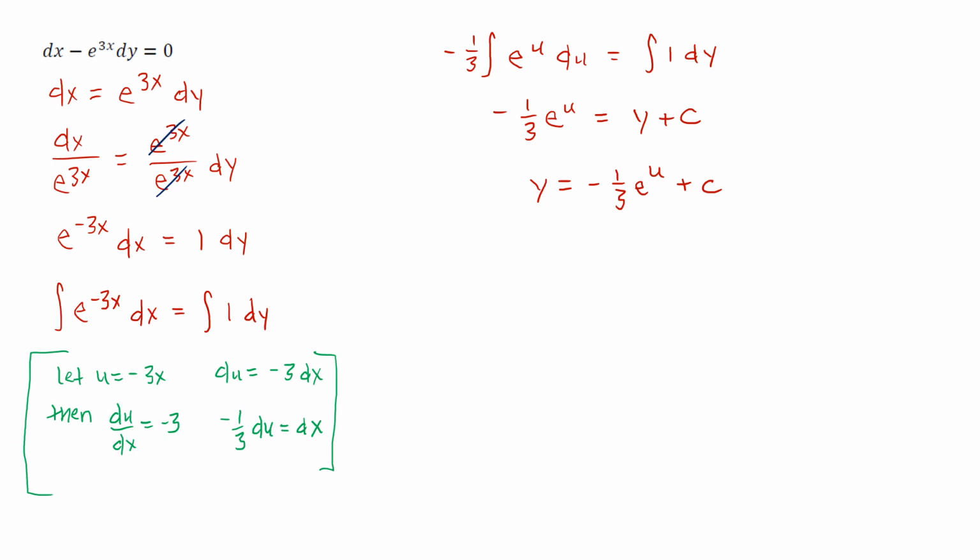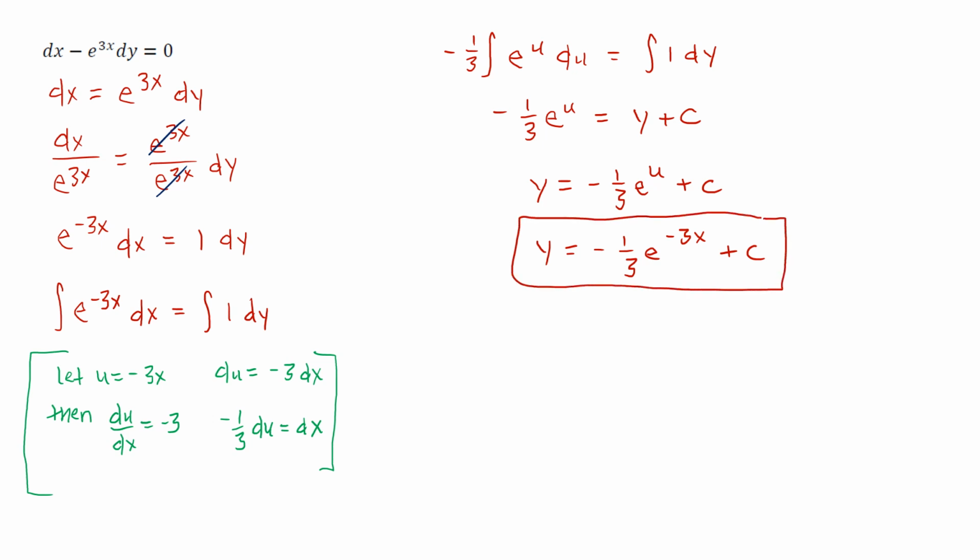Now I can substitute in my term for u. So that's y equals negative 1/3 e to the negative 3x plus c. Okay, and that is my general solution.